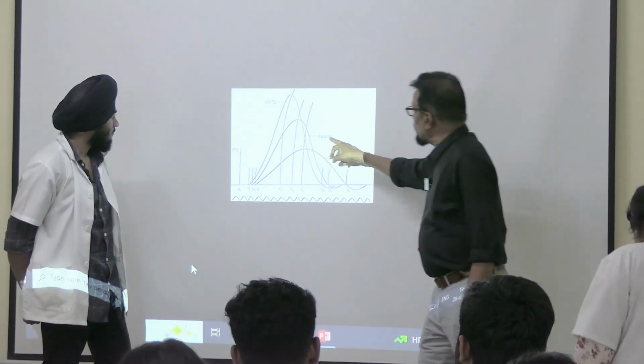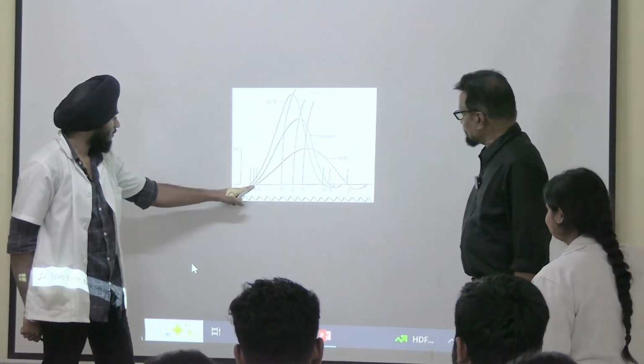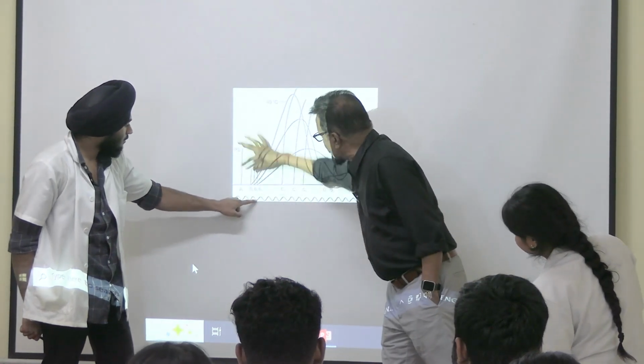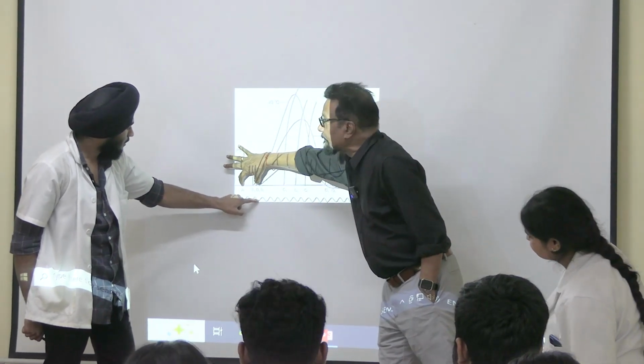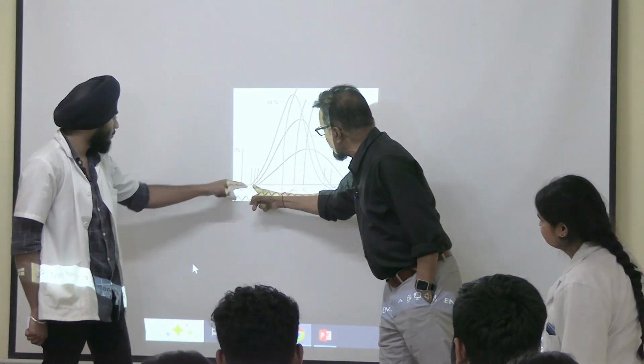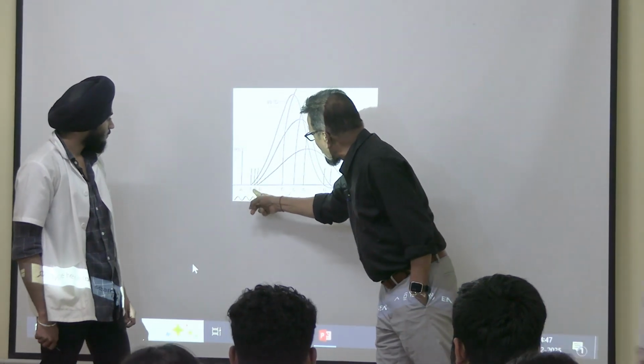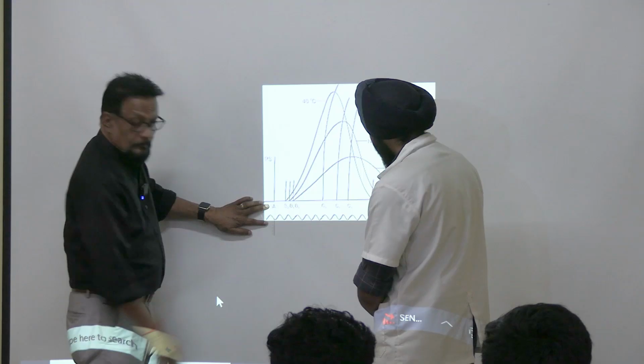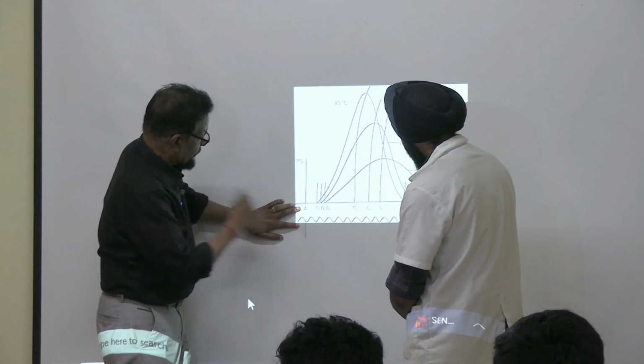Latent period at normal temperature: you draw a vertical line and see how many frequencies there are.